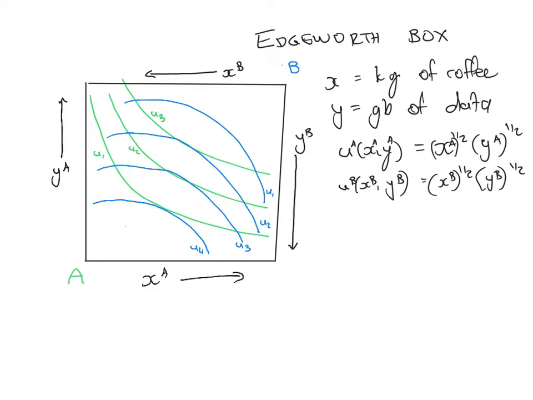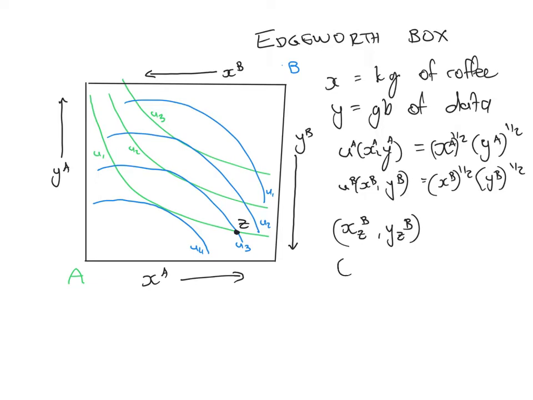So we can start off by saying that they're going to get some endowment that they start off with, say point Z. And that endowment is a point where Bongani has some amount of X, which is going to be XZB. His amount of Y is going to be YZB. That's the amount of X and Y that he's going to have at his endowment.